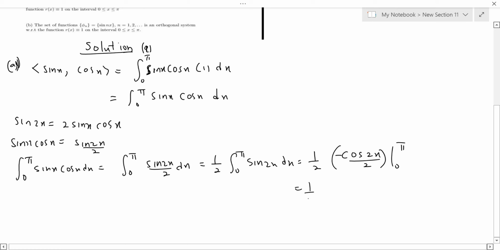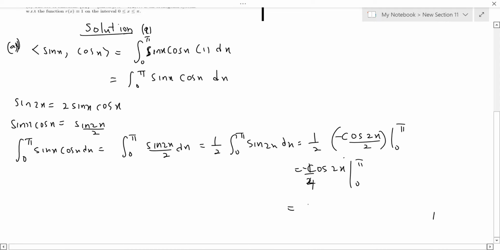Okay, so now 2 times 2 gives you 4, and then you get minus cos 2x from 0 to pi. Add the limits. So we have minus cos 2 pi over 4, then minus cos 0 over 4.